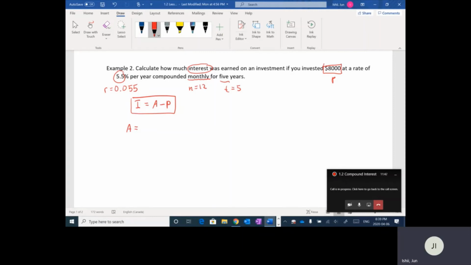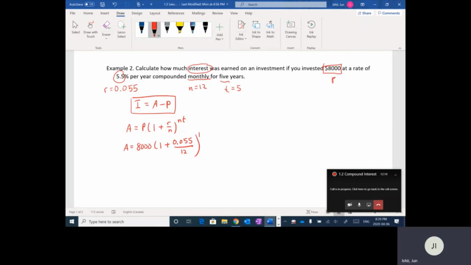Let me quickly write up the formula, and we're going to sub in the values. A is going to equal the principal of 8,000, 1 plus r, which is 0.055, n now is 12 because it's compounded monthly.